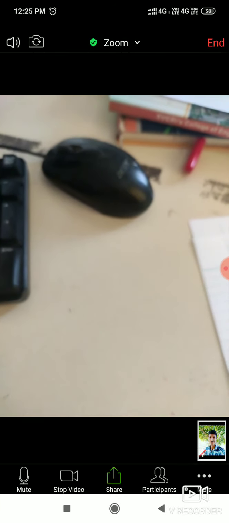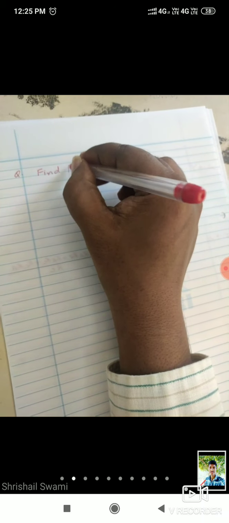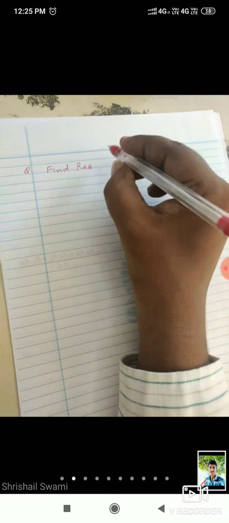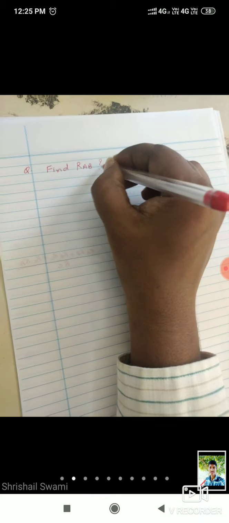Okay, so everyone, each and every student, you can note down the point. So the first point will be: find RAB. This will be the question.